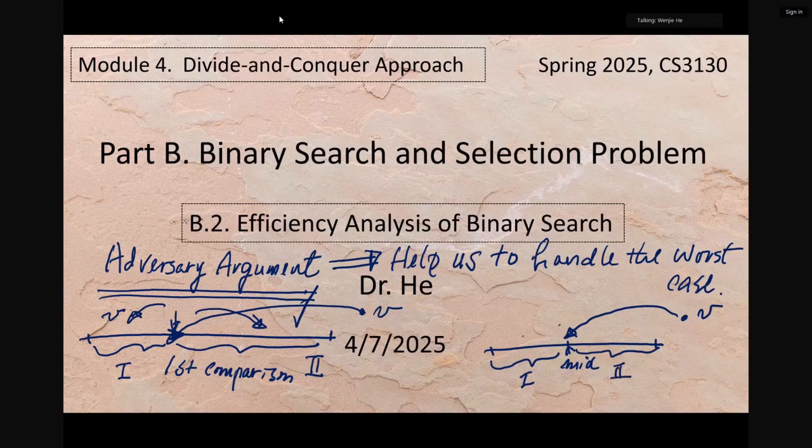V could be in case 1 or in case 2. This time, because we choose the midpoint, the sizes of the two subproblems are the same. Now we ask the adversary, which case do you want to give us? The adversary could choose case 1 or case 2, but it's the same difficulty, right?